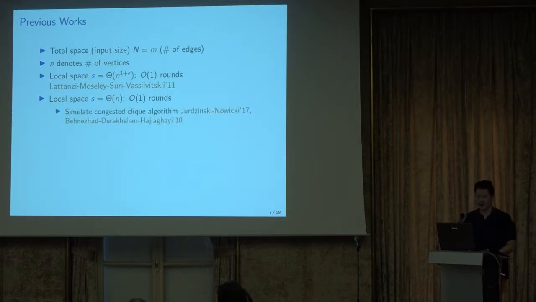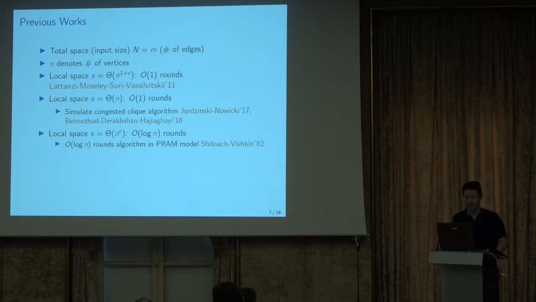Actually, we can just simulate a congested clique algorithm in the MPC model. However, in a scenario when the local memory size is much smaller than the number of vertices, the only algorithm we know takes log n rounds.